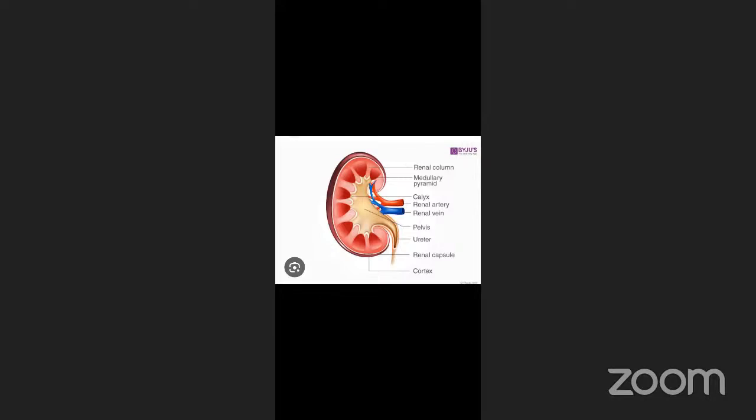And osmoregulation is basically, or homeostasis is the maintenance of the internal environment to a constant. And osmoregulation being part of homeostasis is maintenance of amount of water and salt in the body. So that is what we're going to do now.